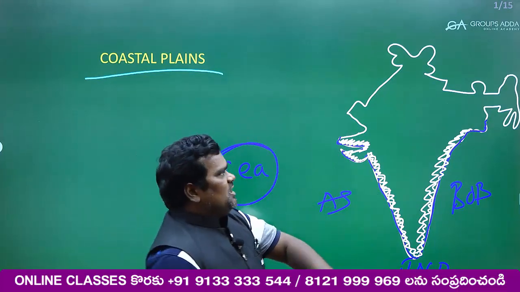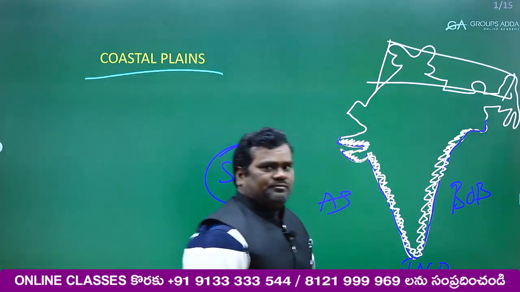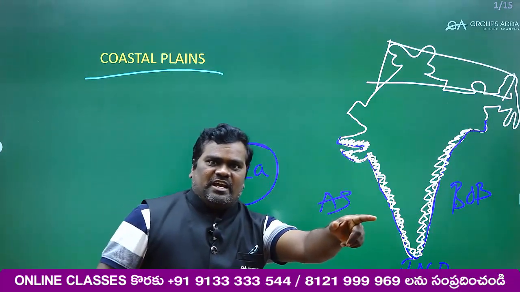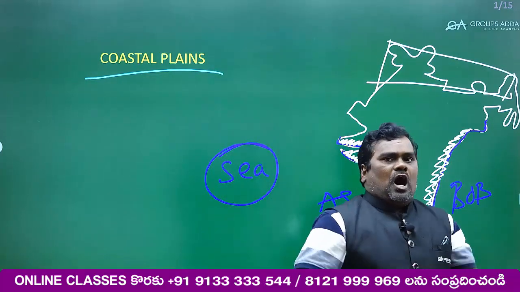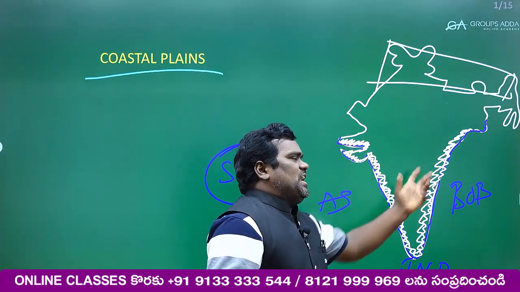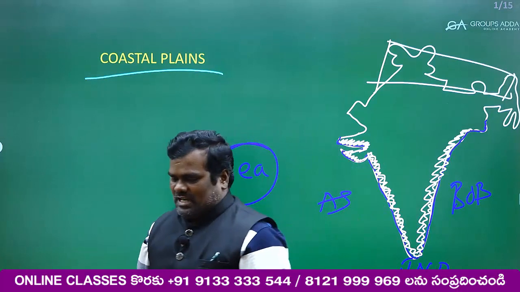I told you how we got Himalayan mountains here. In the same way, we can understand how we got this coastal line and also coastal plains. Yes, I'll give you some clarity, my dear friends.